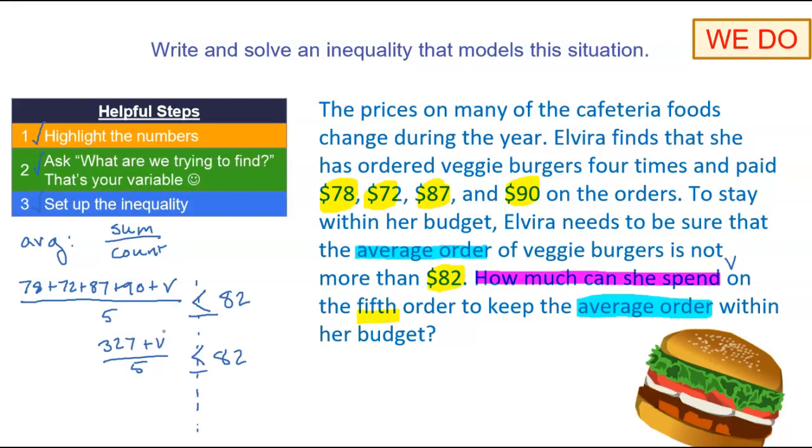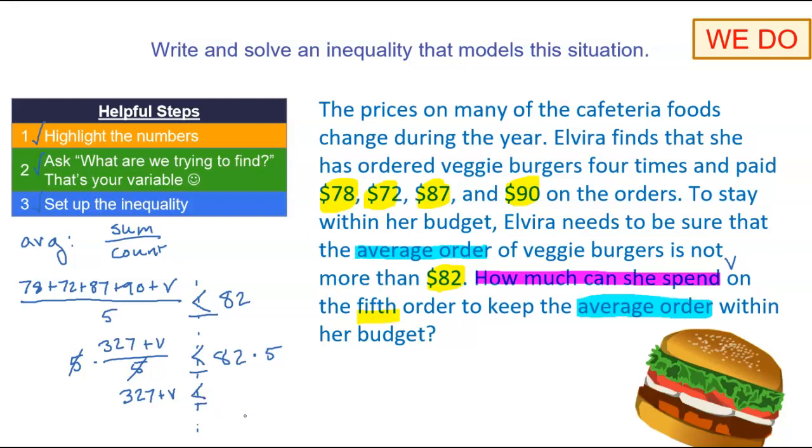Okay, so if we circle our variable in our mind, highlight our other terms, which term on the same side is furthest away from v? We're going to get rid of that one first. We're dividing by 5, so now we're going to multiply both sides by 5. It's the inverse operation of divide. We get 327 plus v. We multiplied by a positive number, so we don't flip the sign.